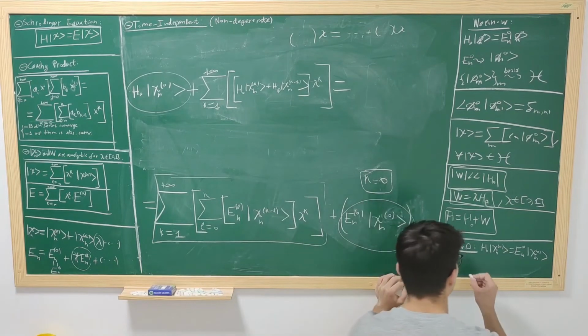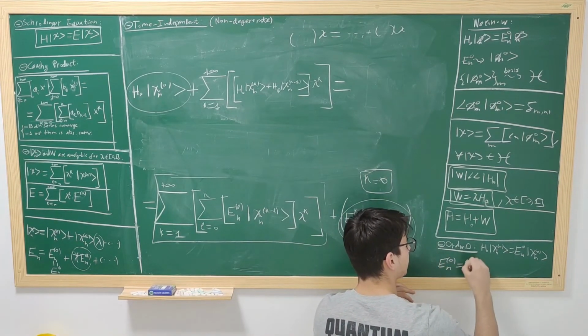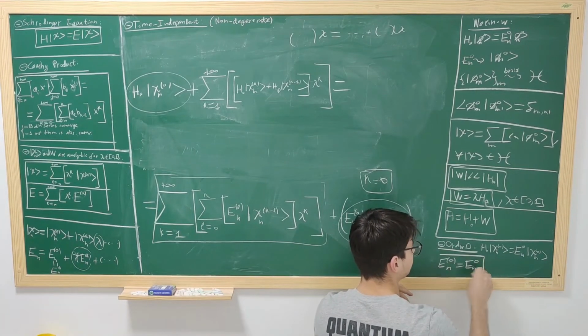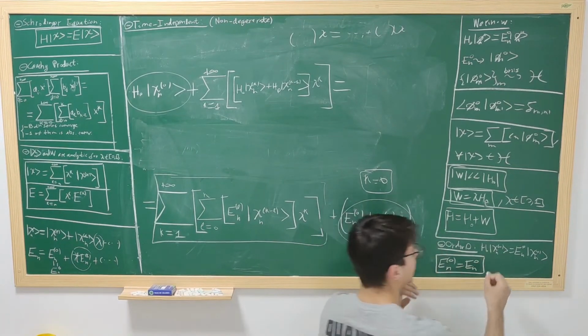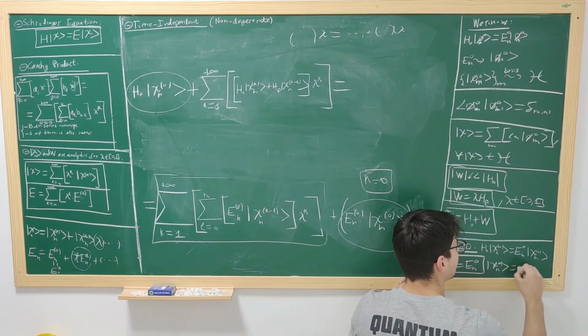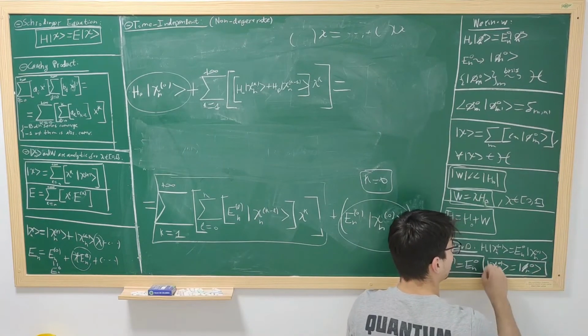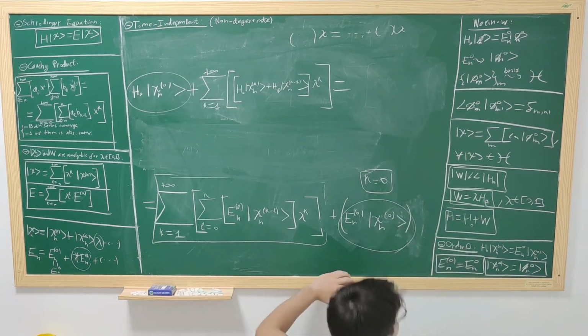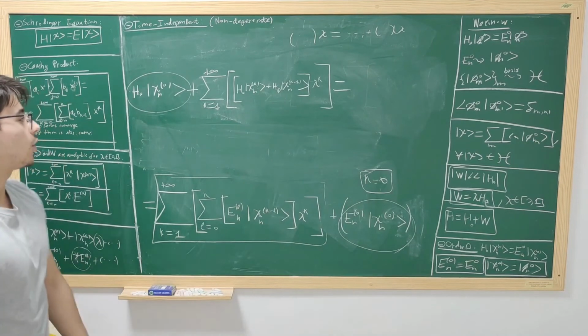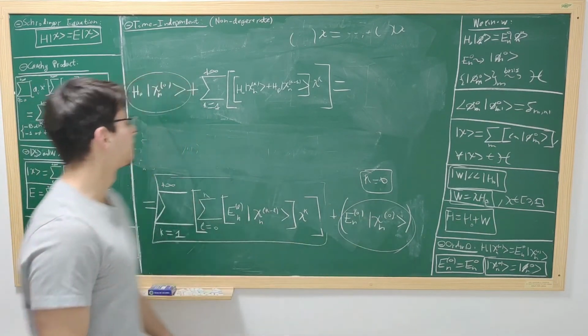So what we get in order 0 is that the 0th order correction is En0. This is by assumption, and the 0th order correction to the wave state is just the eigenstate of H naught. So this is our 0th order correction.